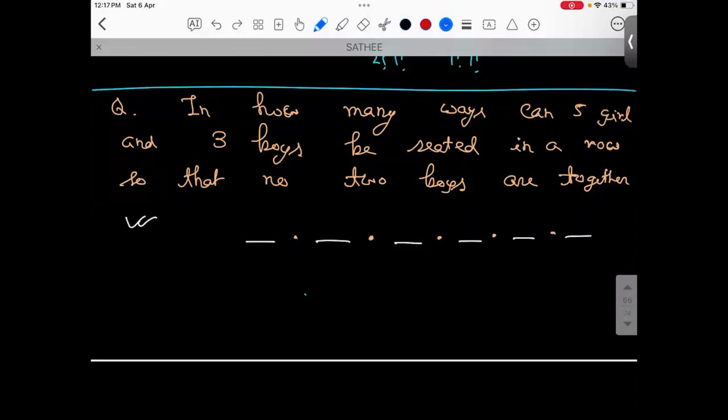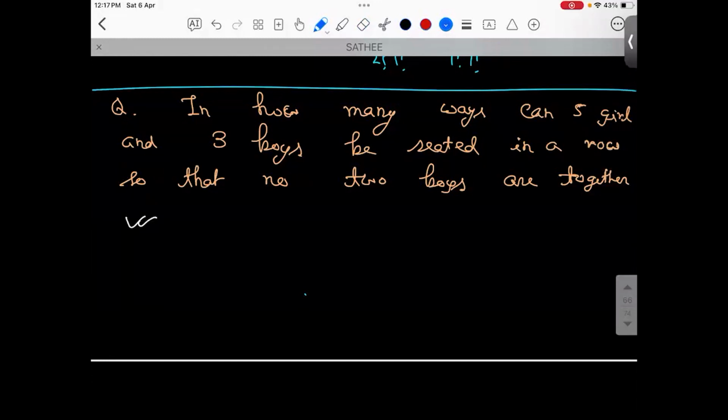Now, before going to the vacant places, we can arrange the 5 girls first. How can we arrange the 5 girls? We have 5 elements and we have to place them in 5 positions.